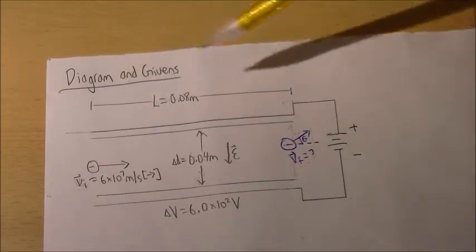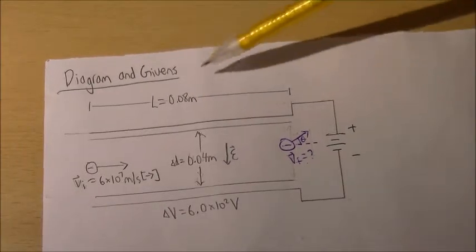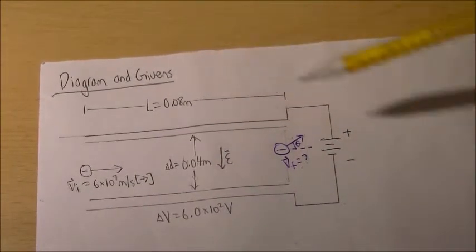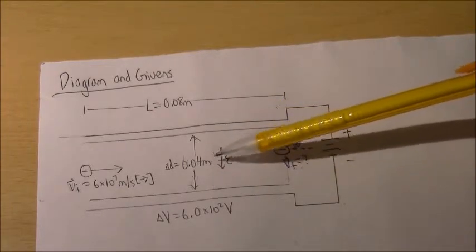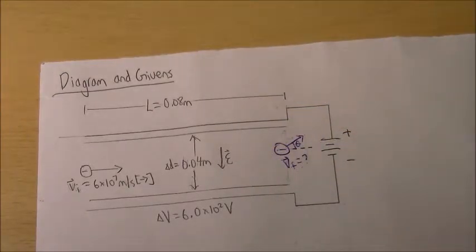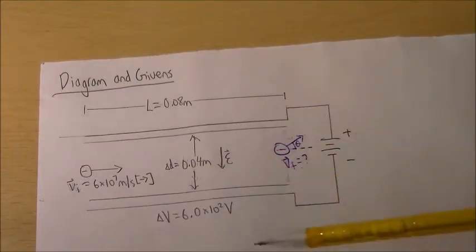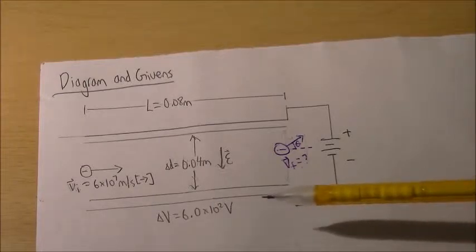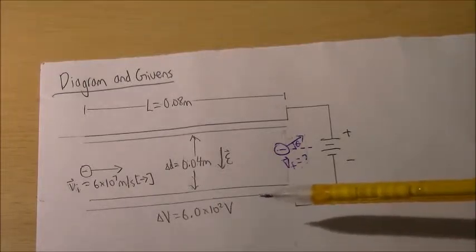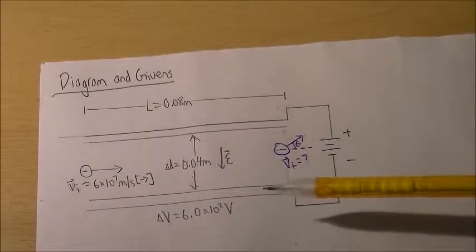So the length of the parallel plates is 0.08 meters, and the width of the parallel plates is 0.04 meters. We're also given that the parallel plates have an electric potential difference of 6.0 times 10 to the exponent of 2 volts.